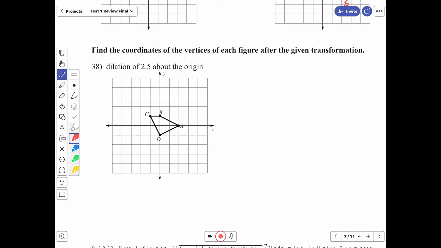We have a dilation of 2.5 about the origin. So C is negative 1 comma 1. So C prime is going to be negative 2.5 comma 2.5. B is 0 comma 1. So B prime is going to be 0 comma 2.5.